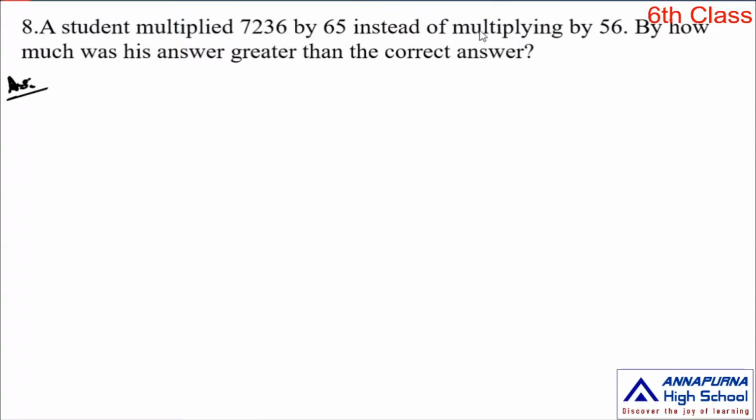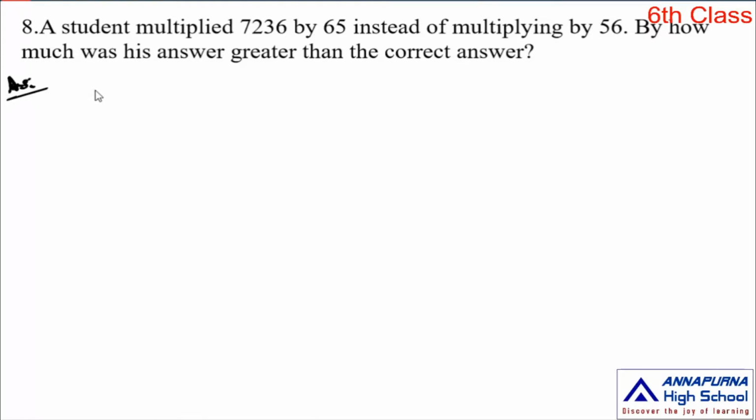By how much was his answer greater than the correct answer? Actually, the given number 7,236 should be multiplied by 56. By mistake, he multiplied by 65. First, we find the wrong answer.